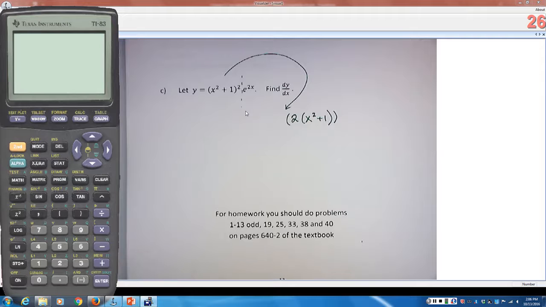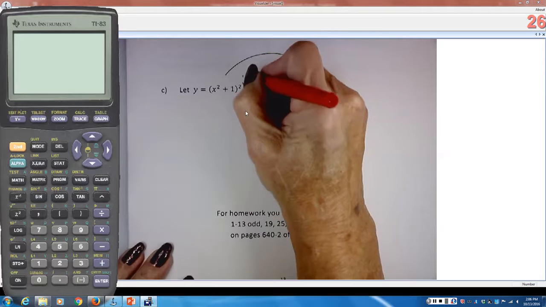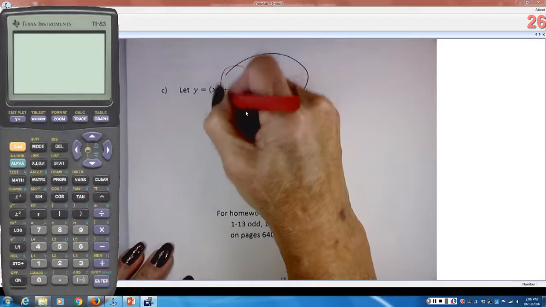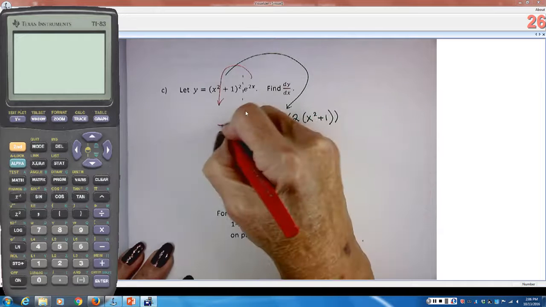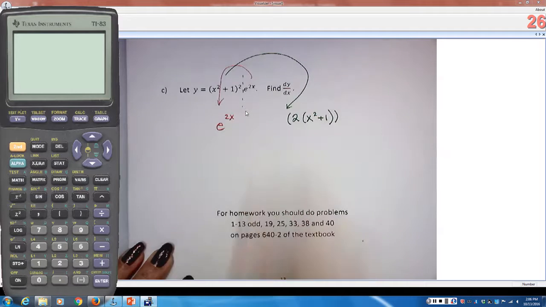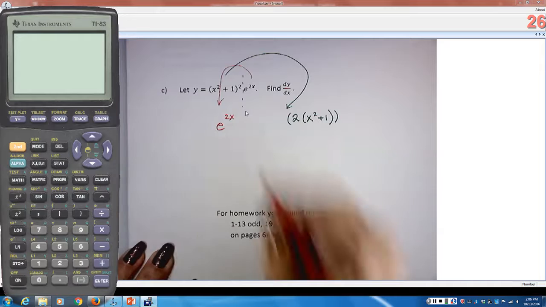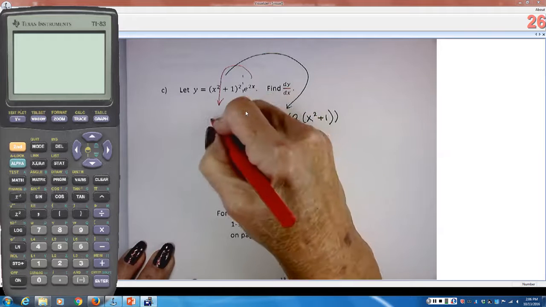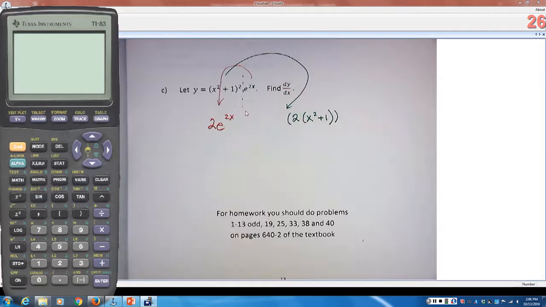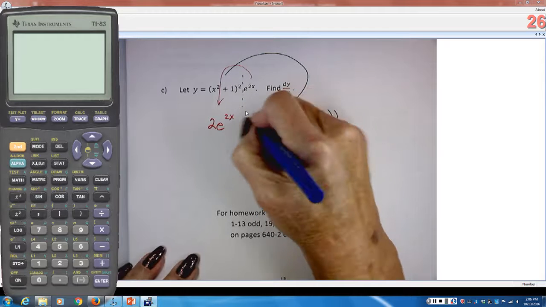And then we'll also need the derivative of e to the 2x. e to the 2x is its own derivative times the derivative of 2x, which is going to be 2, so I'll put it in front. And then we'll bring the rest of the function down to go along with it with a plus sign between.